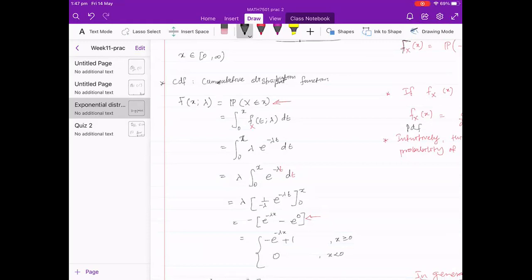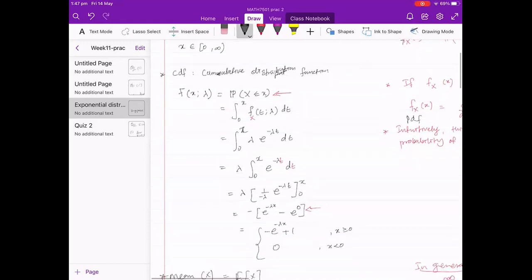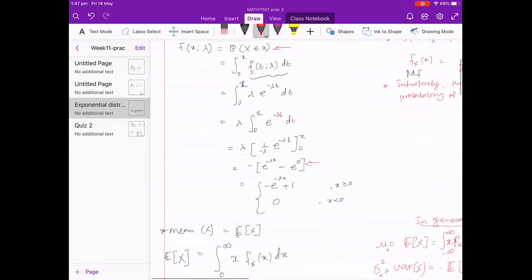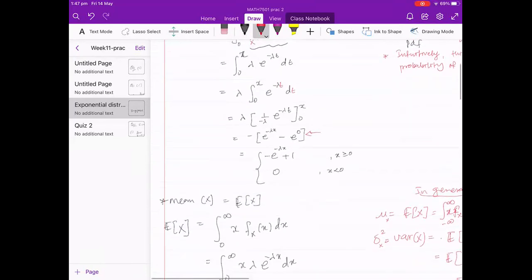And then t starts from 0 to a given value x, and then we replace the PDF with lambda e to the power minus lambda t, and integrate with respect to t.